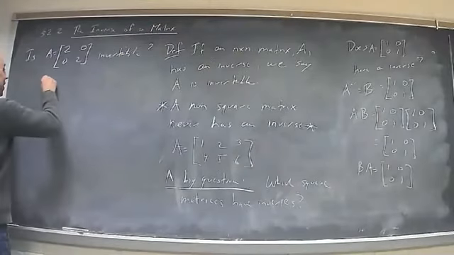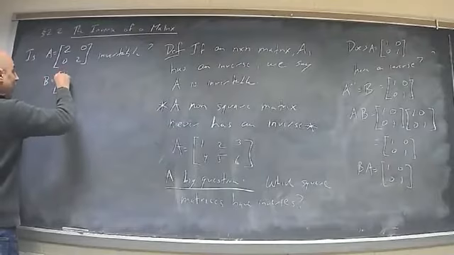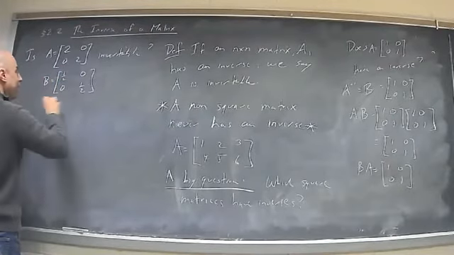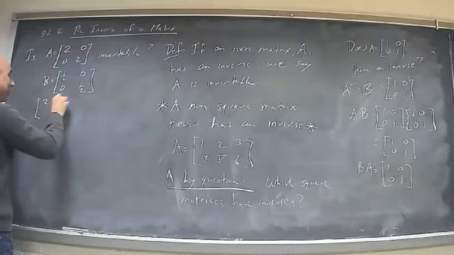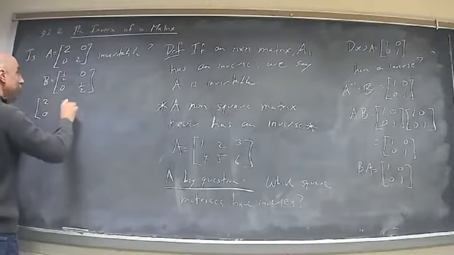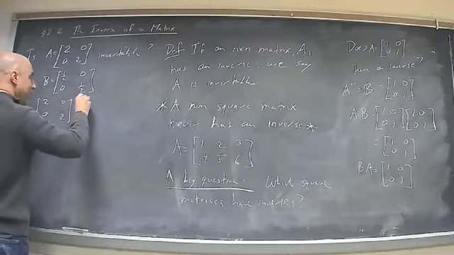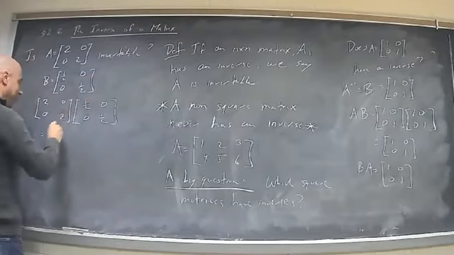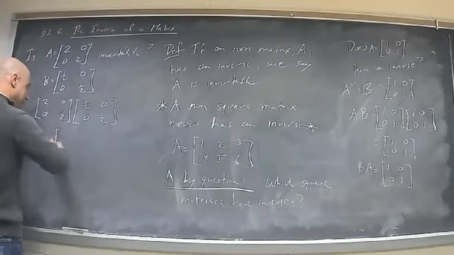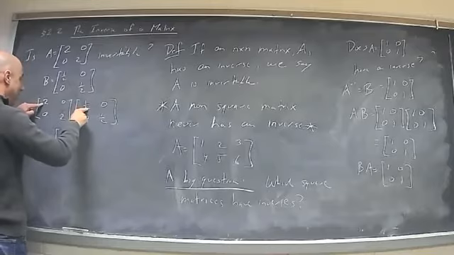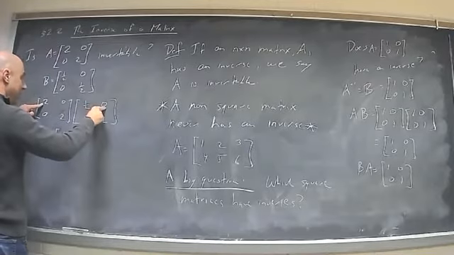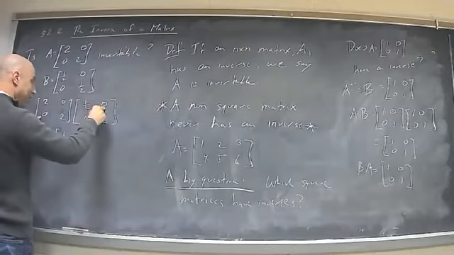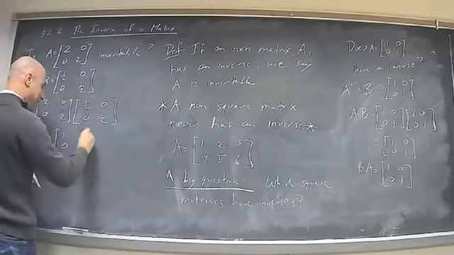So if you set B equal to 1/2, 0, 0, 1/2, and we multiply that in either order, let's just do the multiplication. 2 times 1/2 is 1, 0 plus 0, 0 plus 0, 0 plus 2 times 1/2, that's 1.